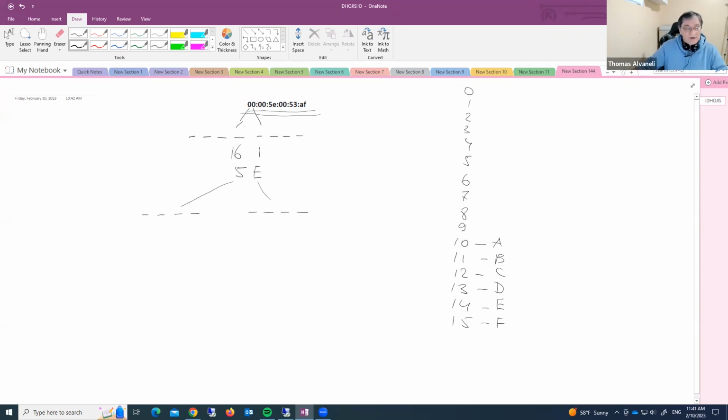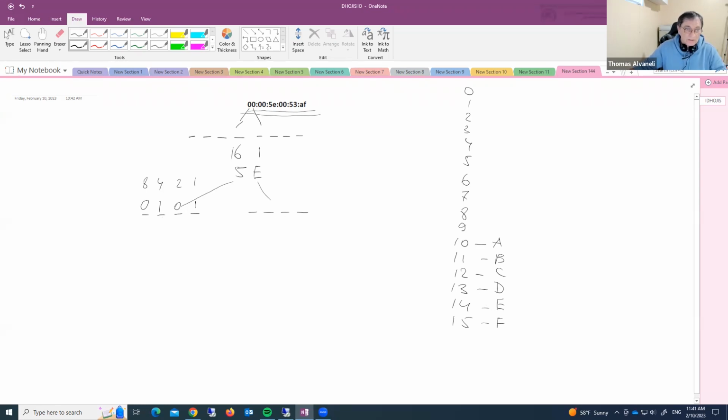Now, to get 5, this bit should be 1, this 0, this 1, and this 0. Indeed, these are the 1's column, 2's, 4's, and 8's columns. So 1 times 1 is 1, 4 times 1 is 4, and 4 plus 1 gives us 5. What about E? E is 14.